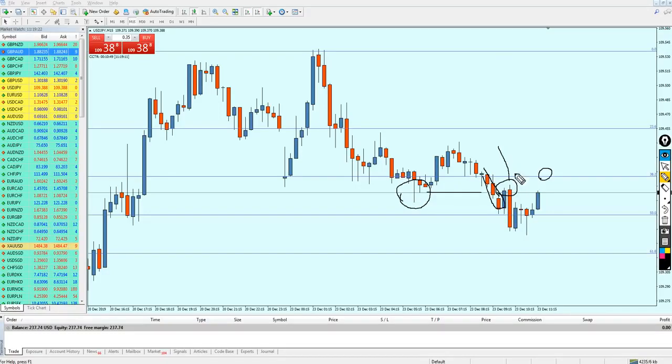Then this support has become the new resistance. There might be a reversal right here, because this candle is reaching this level, and this could be resistance number 2. So to be safe, I just exit this trade with about 3.4 pips of profit. So it was a short session and a small profit.